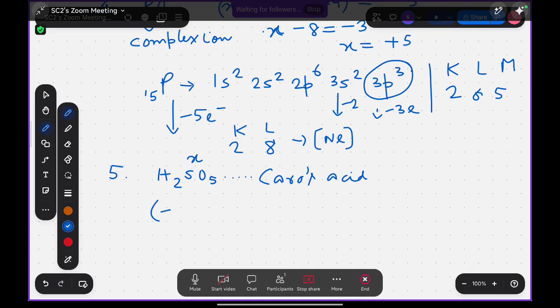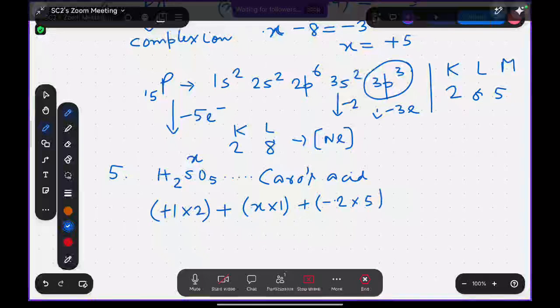Hydrogen is less electronegative than both sulfur and oxygen, so it is +1 into 2, plus sulfur, let's take this as x into 1, plus -2 into 5 is equal to 0.